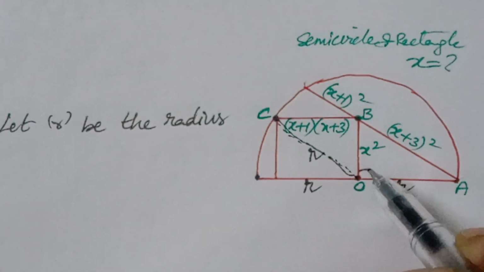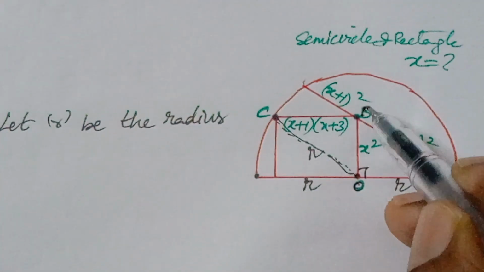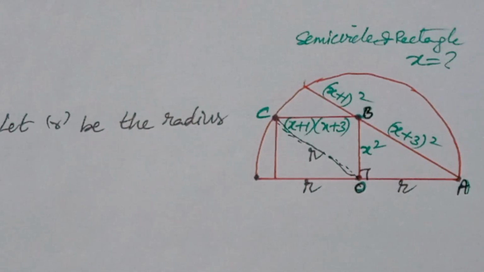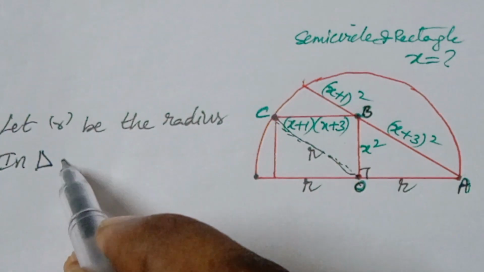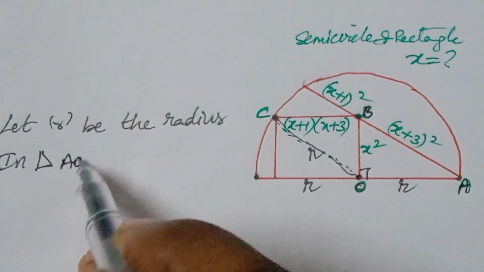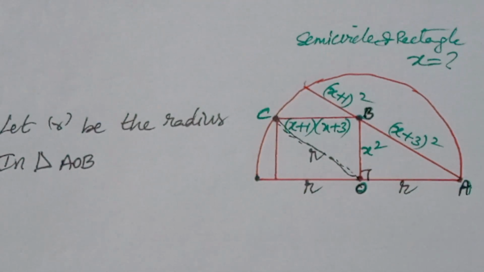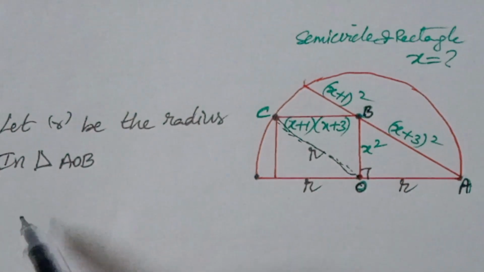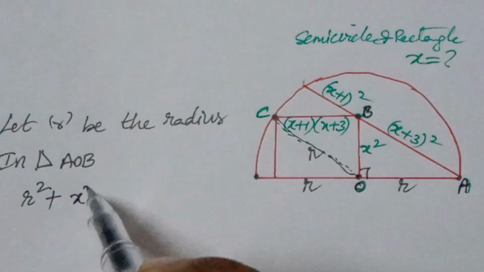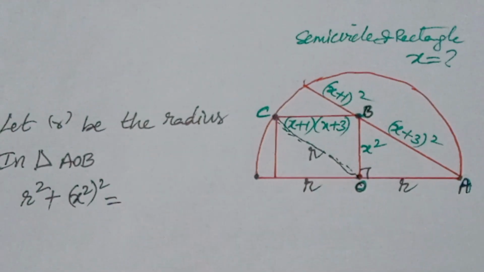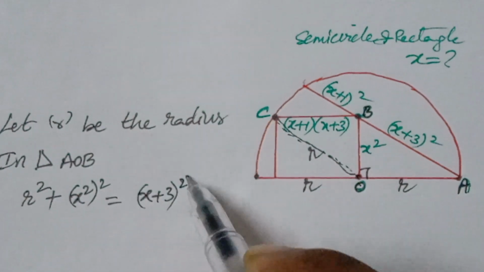Now if you take triangle OAB, it is a right angle triangle. In triangle AOB, at O it is 90. As per Pythagoras theorem, R square plus x square whole square is equal to (x plus 3) whole square.